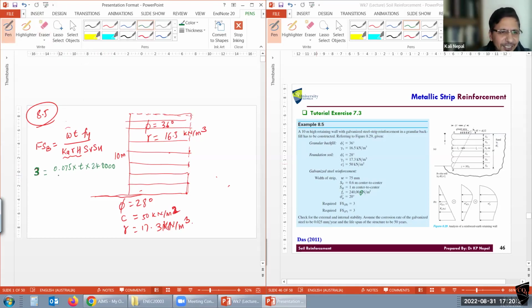I'll check later on. So divide by, what is Ka? Come on, guys, can you calculate Ka now here? 1 minus sine of the backfill phi, 36, divided by 1 plus sine 36. Rankine theory, easy. Give me the value.